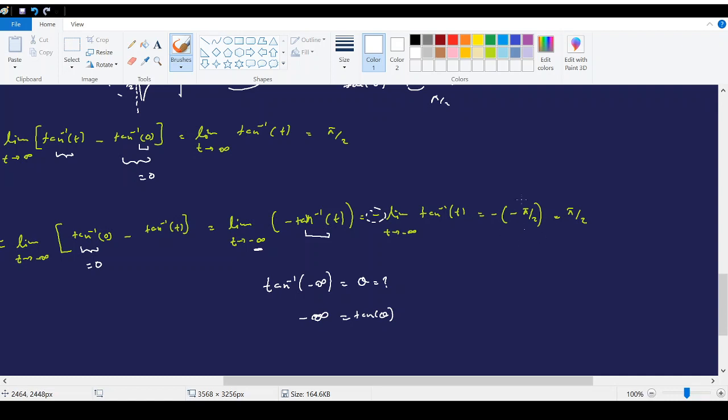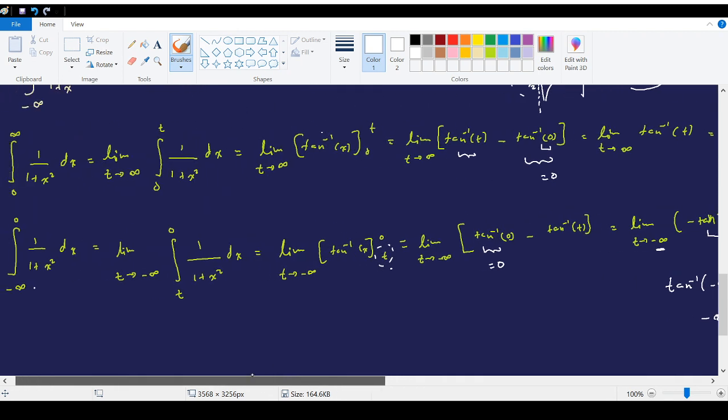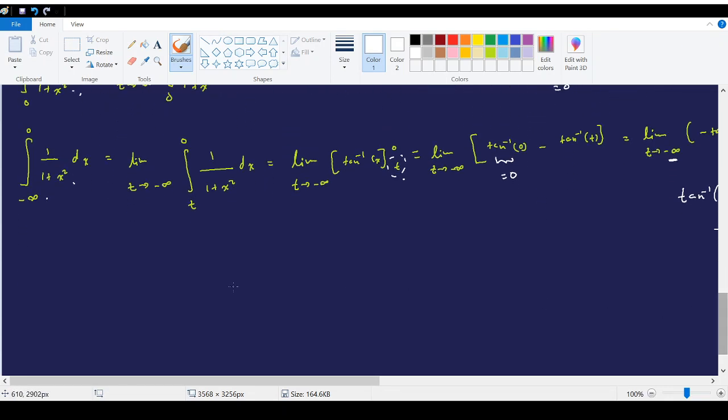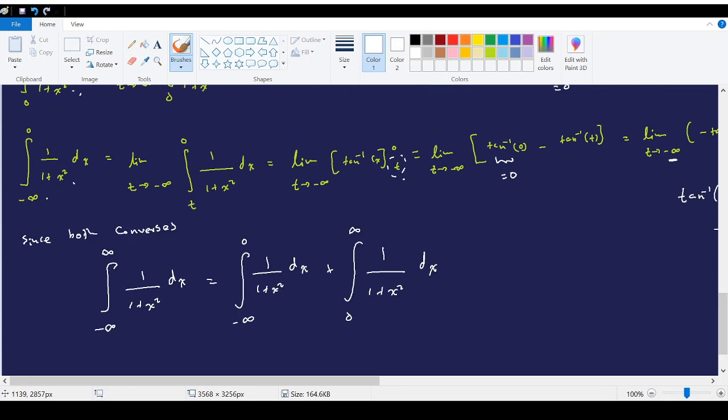So the total result will again be pi by 2. And as a conclusion, we can say both these limits have finite values. In other words, both these limits converge. Therefore, we can write our relationship like this.